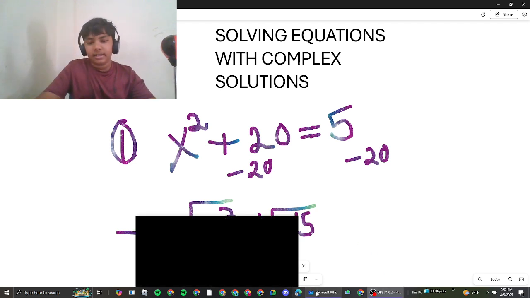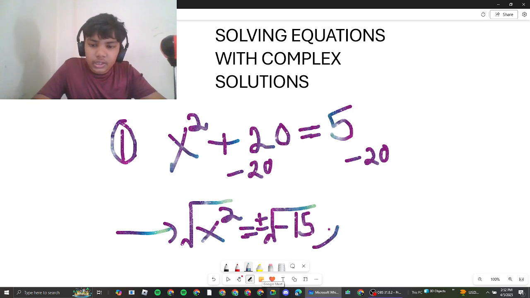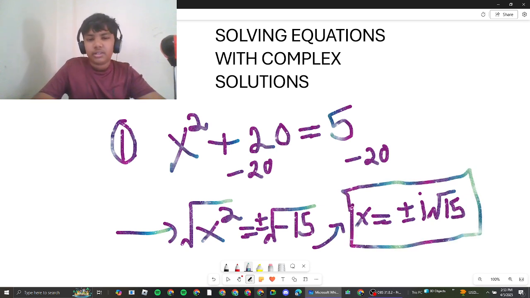In this case we can, because this is an equation. We need to find all roots. So now we get that x is equal to plus or minus i times the square root of 15. So this is basically how to solve a simple equation.